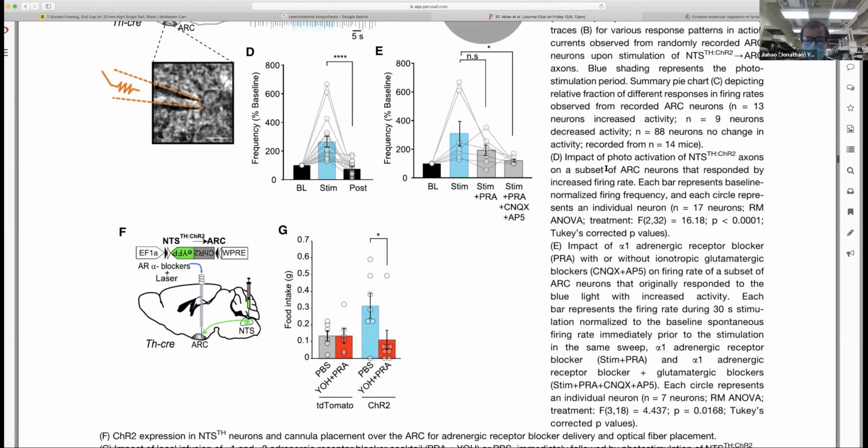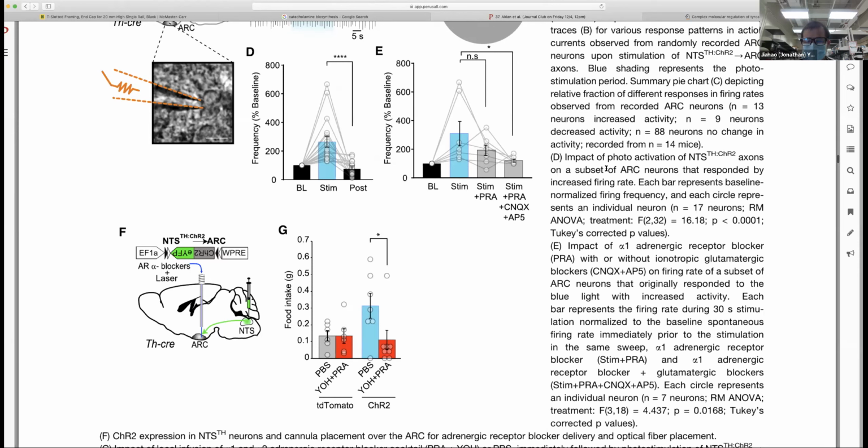Because they stimulate the axon, you should release some of the transmitters inside that axon, and with CNQX and AP5, they block the glutamatergic receptors, most likely in the soma, so in the ARC neurons, not in the NTS axon.